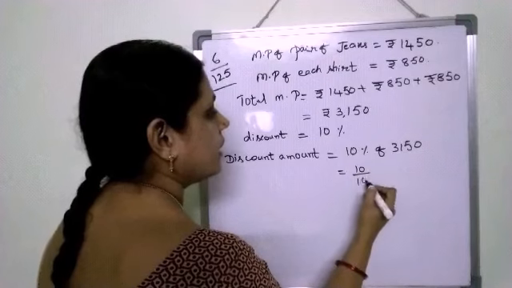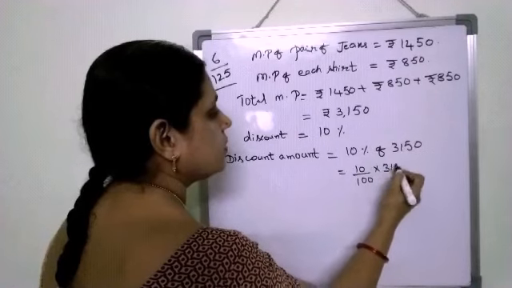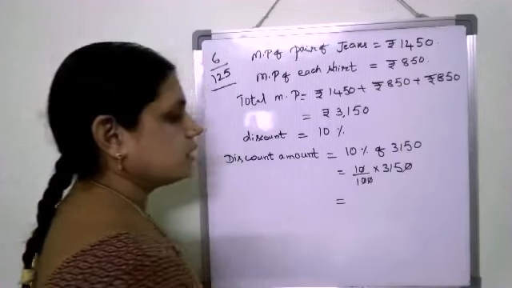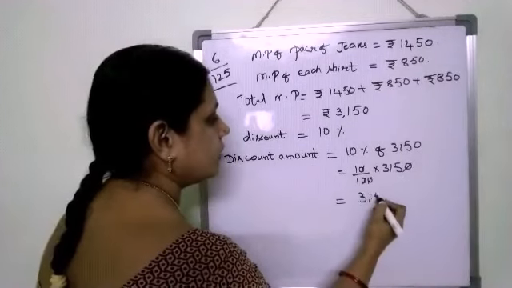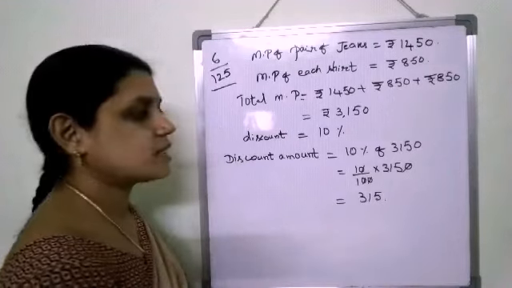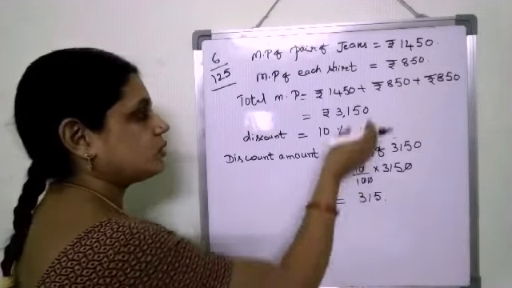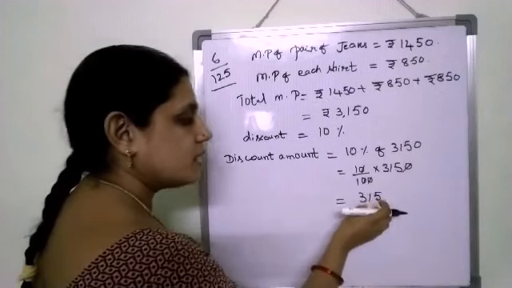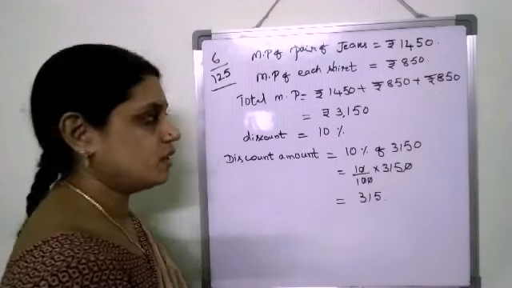So 10 by 100 into 3150. Here we can cancel zeros. So 315 rupees is the discount amount. So from the total of 3150 rupees, they decrease the price by 315 rupees.